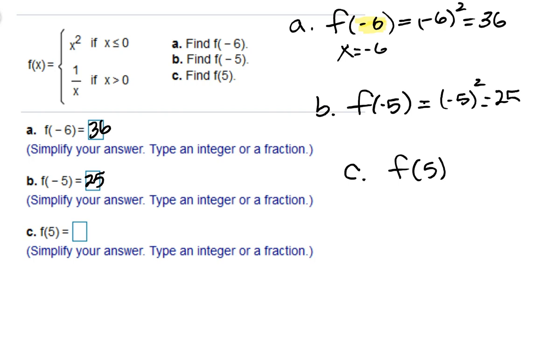So this time my x is 5, and 5 is greater than 0, so I'm going to use the second equation this time to work out the solution. 1 over 5 is 1/5, and that would be the answer for part C.